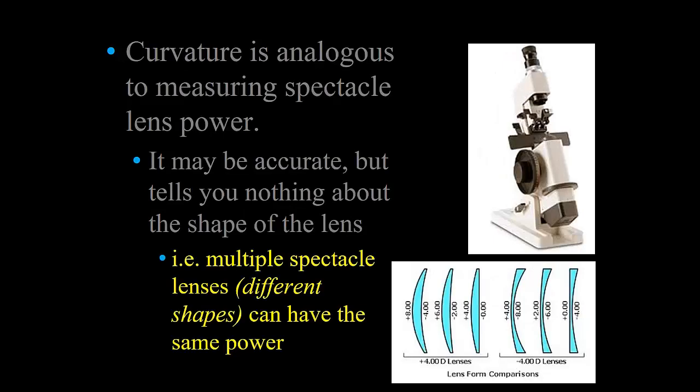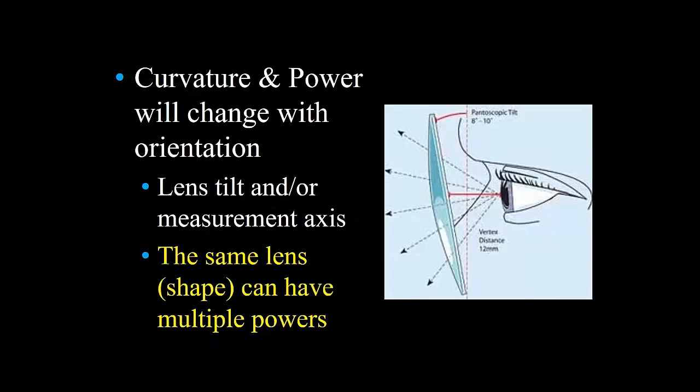If you look at the picture on the lower right, you can see I can design multiple different lenses with different shapes that would give me the same spectacle lens power. Well, the same is actually true of curvature. In addition, not only can I have multiple shapes giving me the same, quote, lens power, but the same lens can give different power if it's oriented differently.